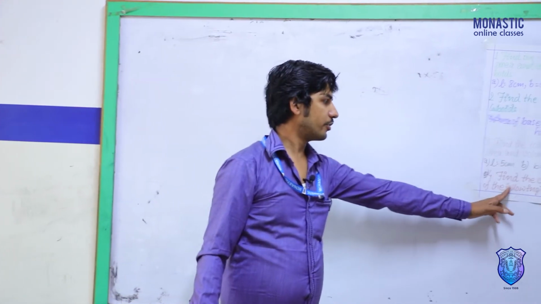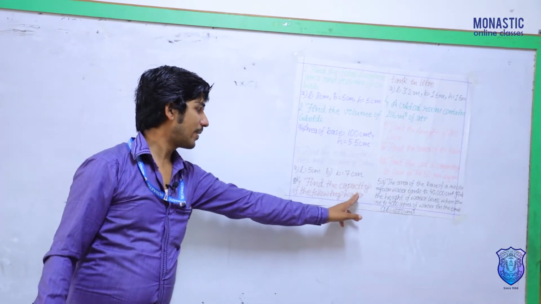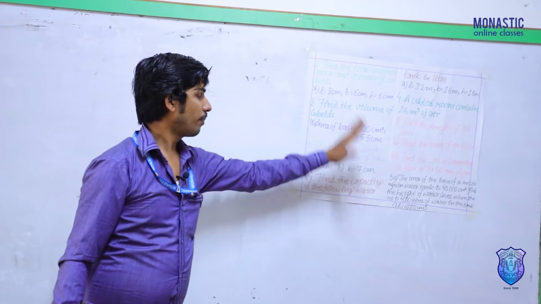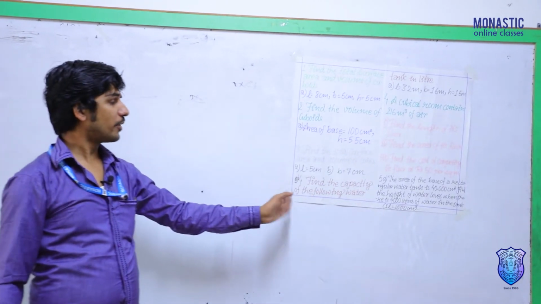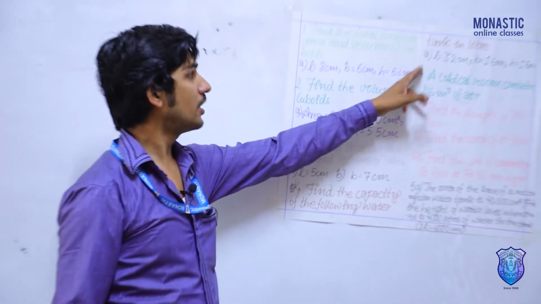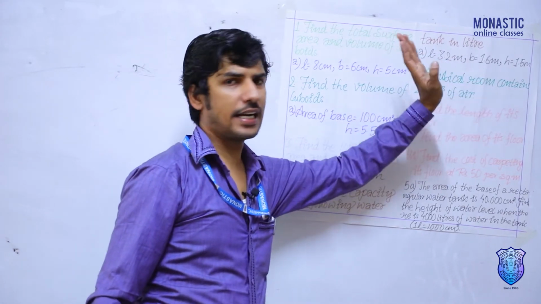See, number 4. The question given there: find the capacity of the following water tank in liter. Means capacity. It means what? For this, first of all, you have to find the volume of the cuboid. The length, breadth, and height are given there.